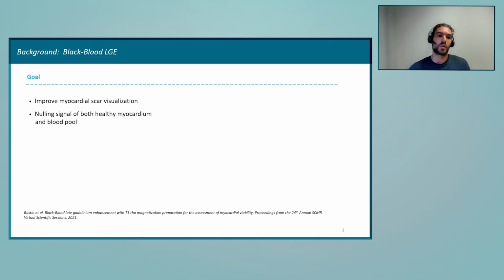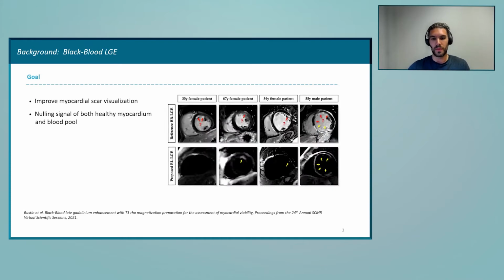It does so by nulling not only the signal of the healthy myocardium, but also of the blood pool. Here is an example of images where it might have been difficult to tell the presence of the scar in the bright blood LGE, but it's more apparent in the black blood LGE when the signal is nulled for the blood pool as well.